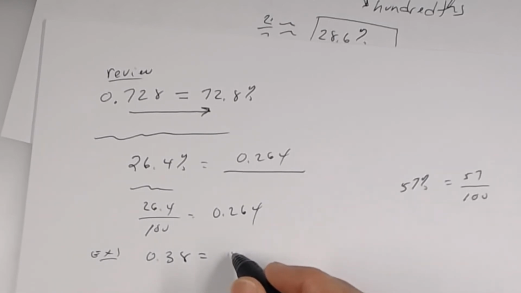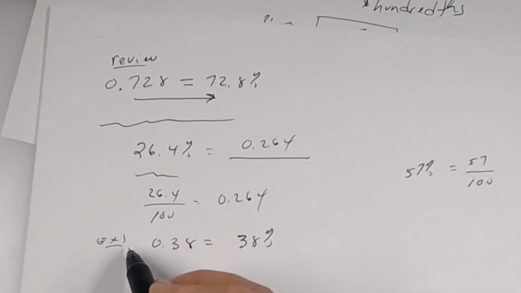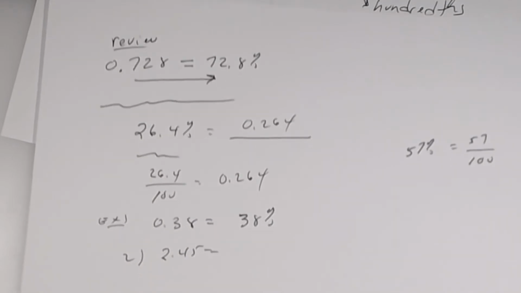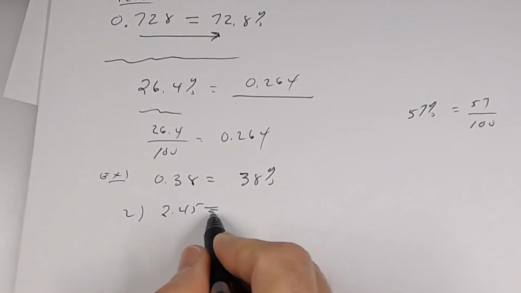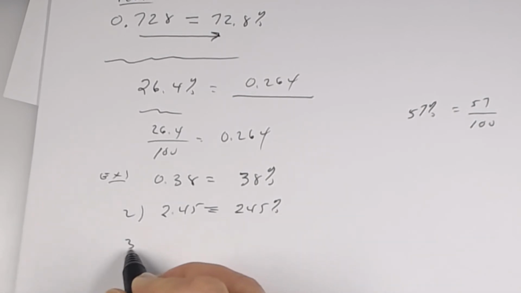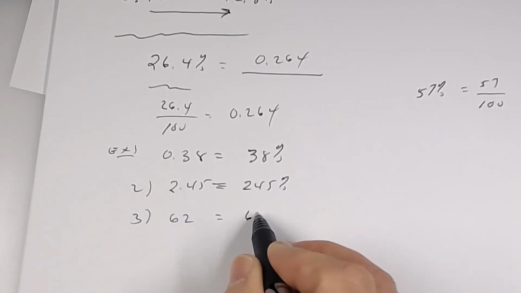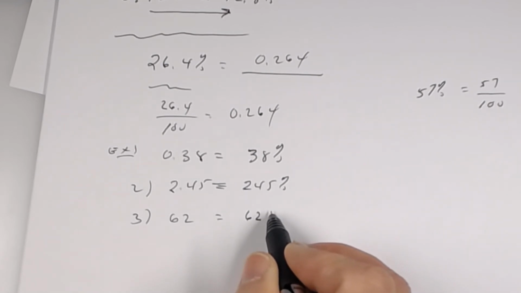Move it to the right. 2 places to the right, so what's the answer? 38%. Okay. Number 2, 2.45. What do you get? 245%. Number 3, 62. What's the answer? 62. And how many? 2 places.